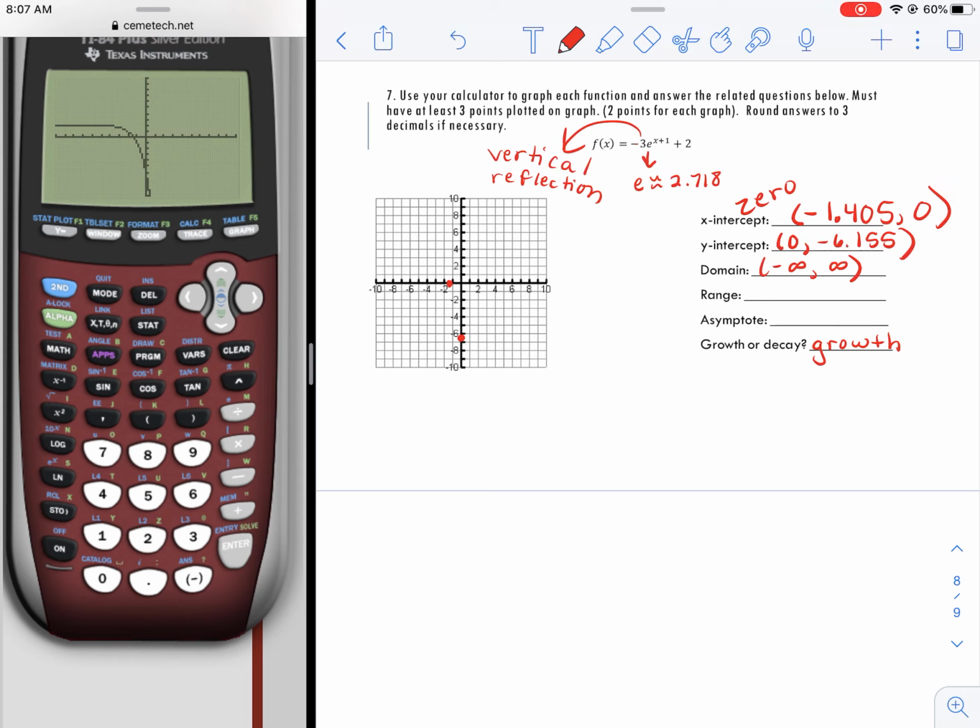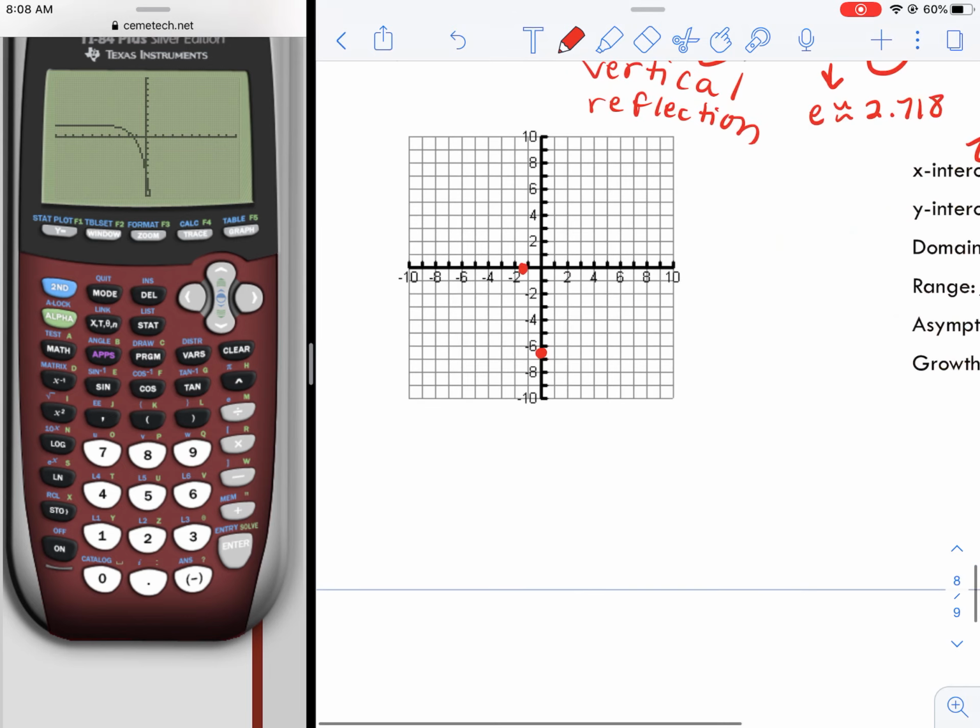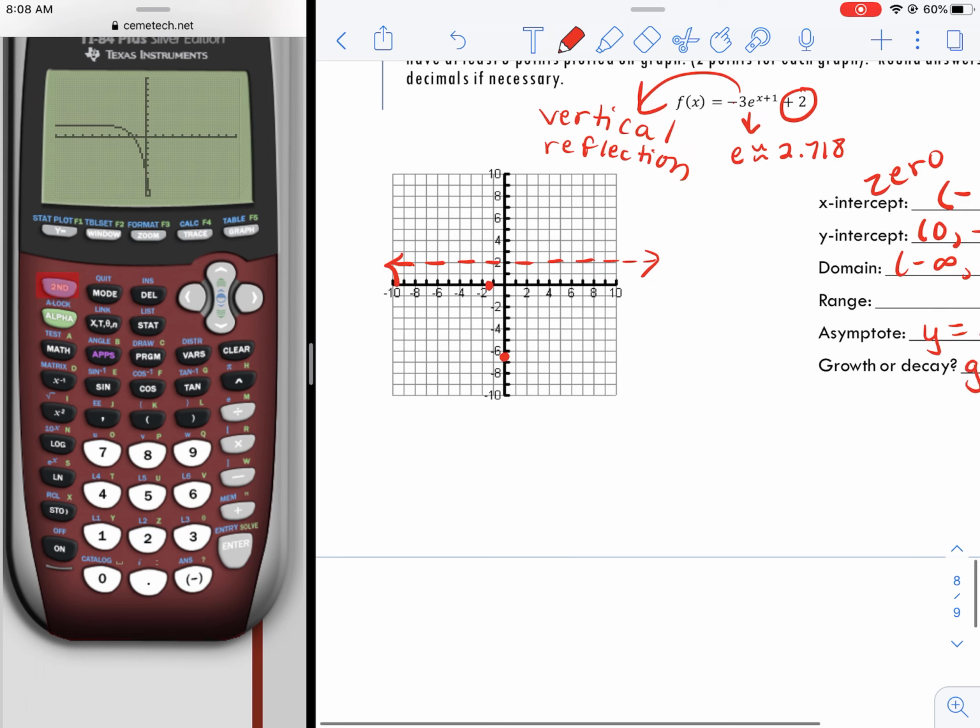And then let's look at the graph again. Now to find the asymptote, you're going to look at the vertical shift. Okay, notice we have a +2, and if you look at the graph, it seems to be flattening out around y equals 2. So that is indeed your horizontal asymptote. Okay, so y equals 2. Go ahead and sketch a horizontal line there.